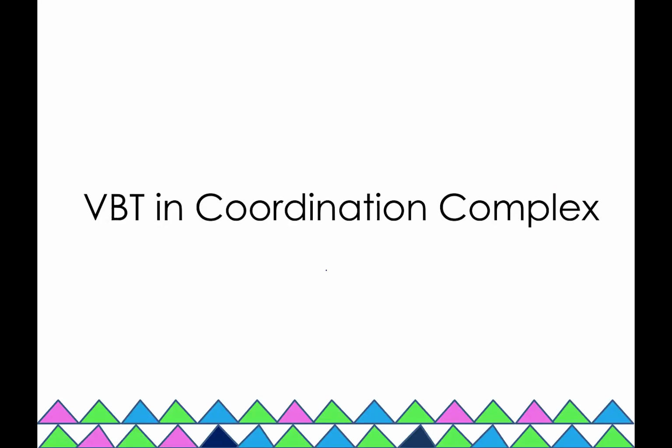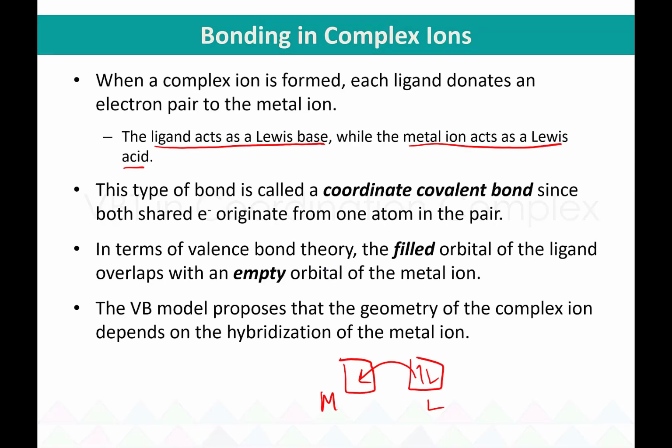Okay, so that's just a reminder of valence bond theory, but now we need to talk about valence bond theory specifically in coordination complexes. So remember that for coordination complexes, your ligands act as a Lewis base and your metal ion acts as your Lewis acid. And this is called a coordinate covalent bond.